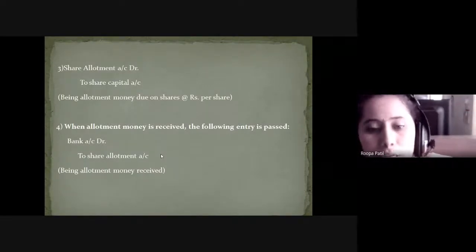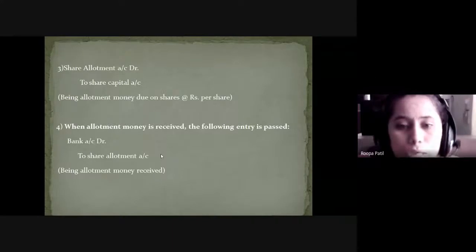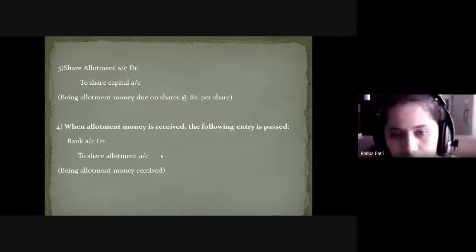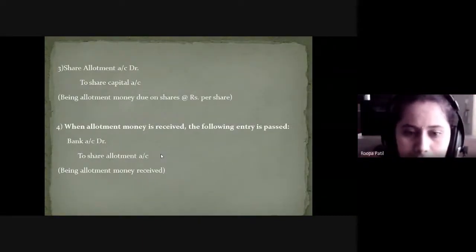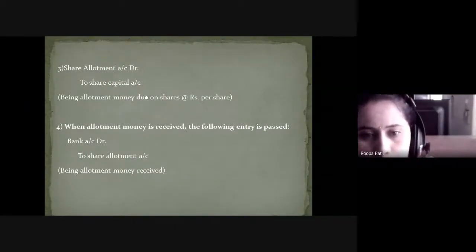First you write the receipt of the share application, then that share application money is transferred to share capital. Reverse entry: here the share application was a credit, so here you need to debit. Share application account debit to share capital.